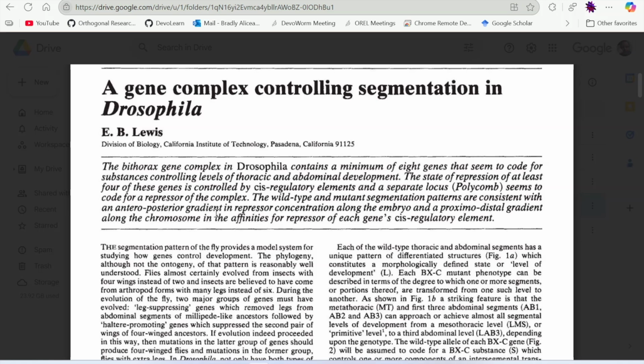And then you have this gradient along the chromosome. So you have, again, collinearity, where these genes are lined up along the chromosome, and there's this effect of this repressor element that lessens as you go along the chromosome. So we're linking together genotype and phenotype.